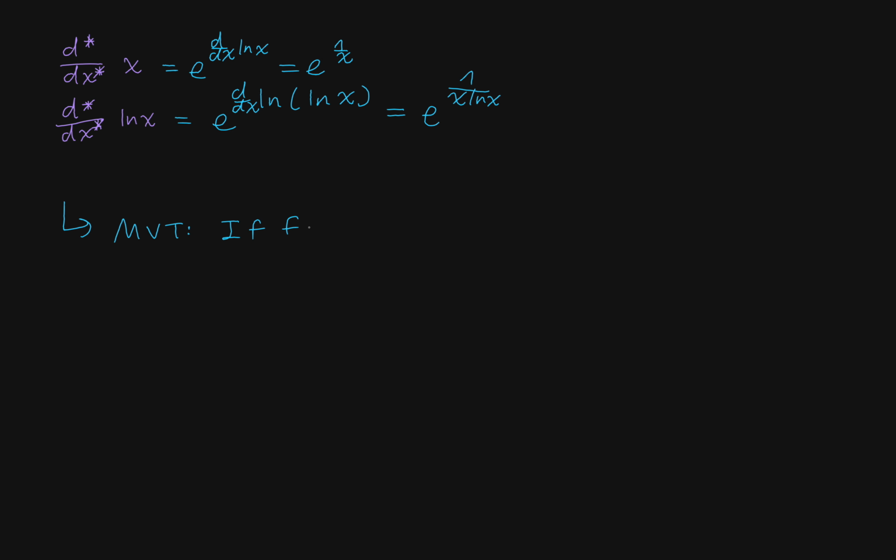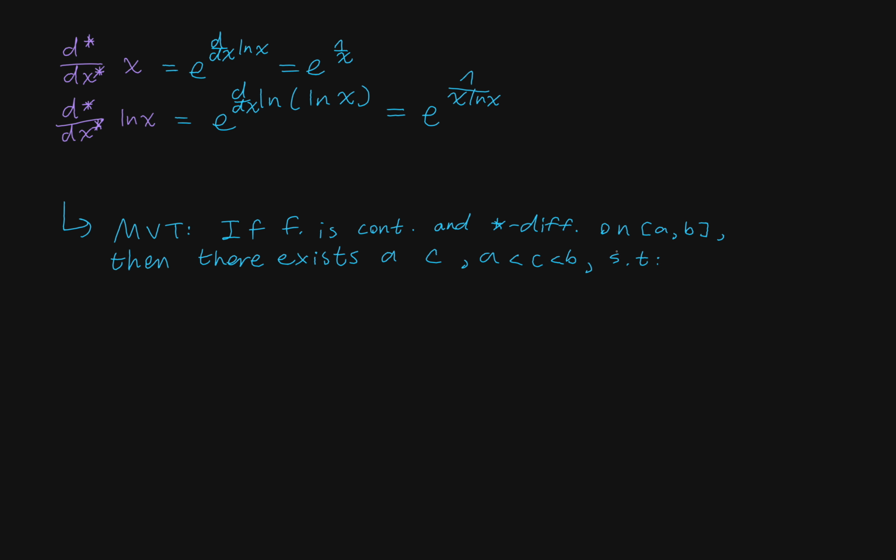We say if f is continuous and multiplicatively differentiable on the closed interval a, b, then there exists a c with a less than c less than b, such that f of b over f of a is equal to the multiplicative derivative of f at c to the power of b minus a.